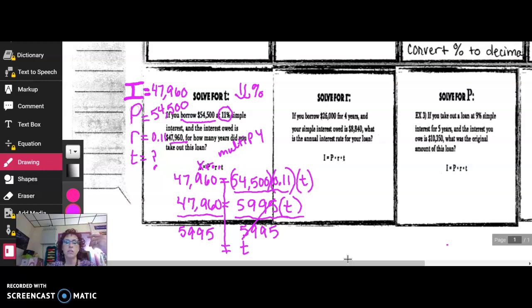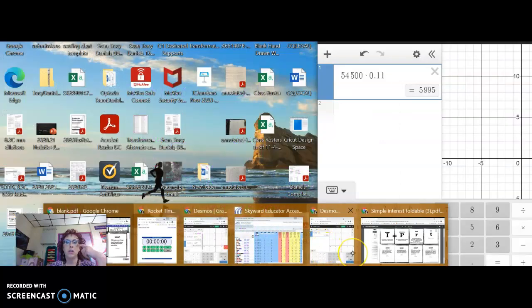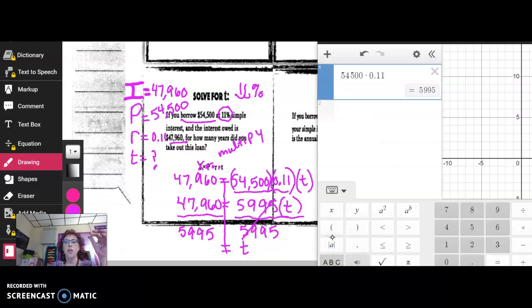Then we get Desmos. When you are using Desmos or you're doing division and you're using a calculator, you always, always, always enter the top number first. Don't enter the largest number first. You enter the number that's on top.